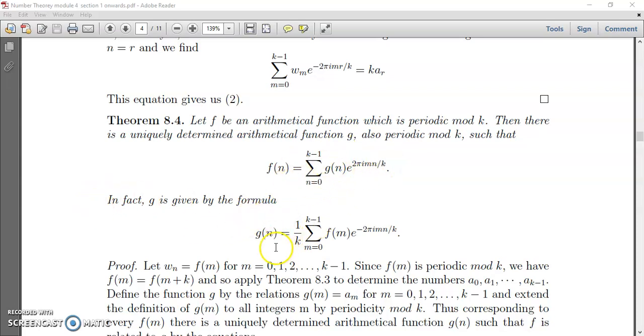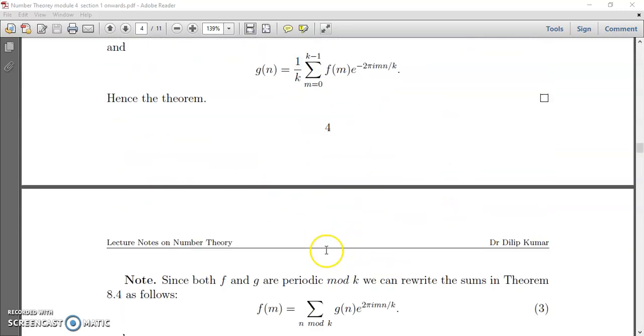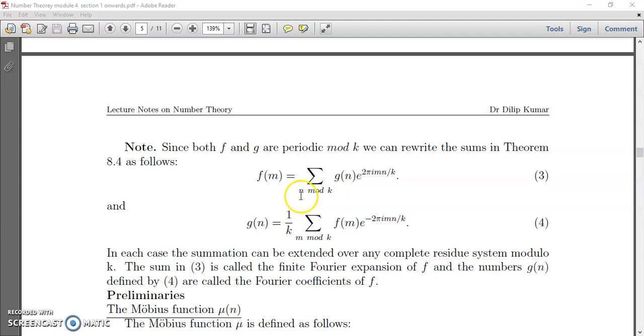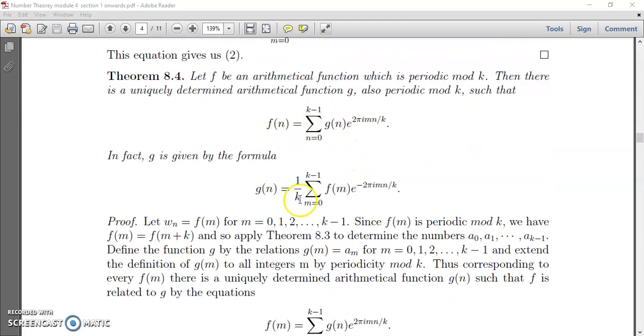And from this we can find the value of g(n) like this: 1 by k sigma m equal to 0 to k minus 1 f(m) e raised to minus 2 pi i m n by k. These two expressions can also be replaced by these two results. Here we can replace this as n mod k and m mod k. So that is how we can use this theorem for proving the other result.